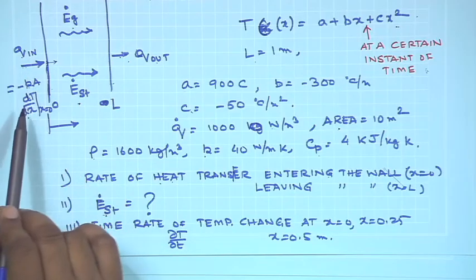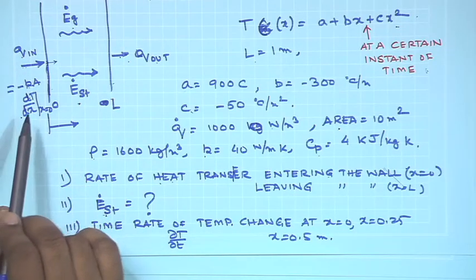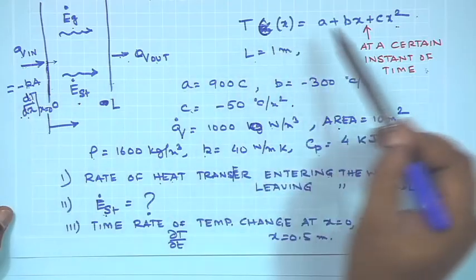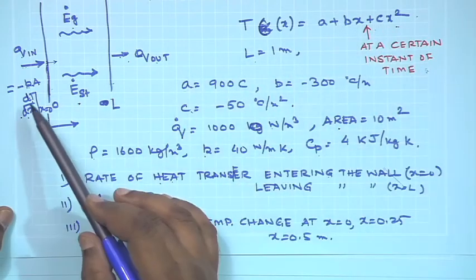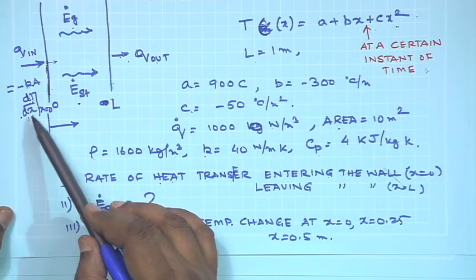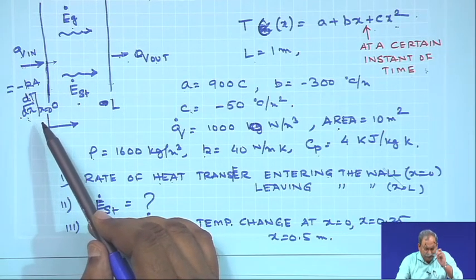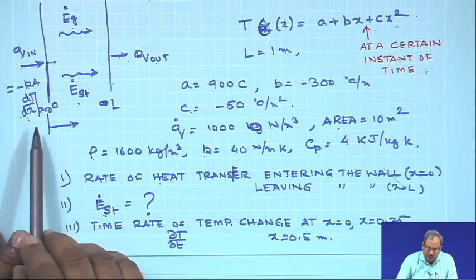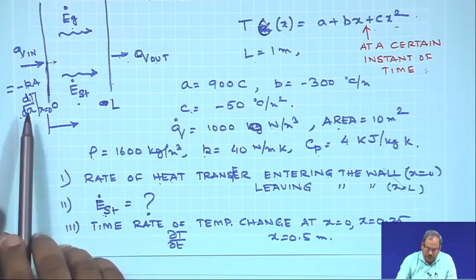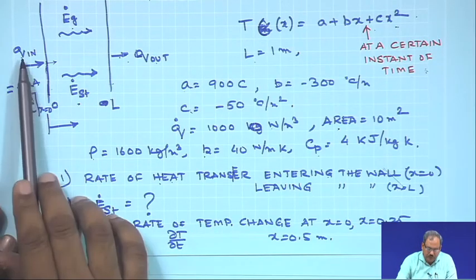So, by equating Q in with the conductive heat flux and knowing temperature as a function of x, I can find out what is dT dx and evaluate dT dx at x equals 0, and therefore find out the value of Q in.